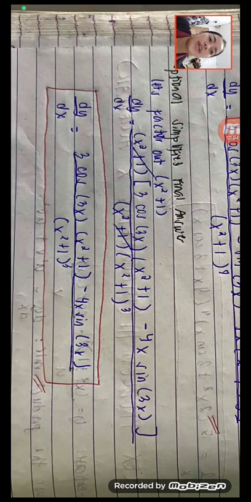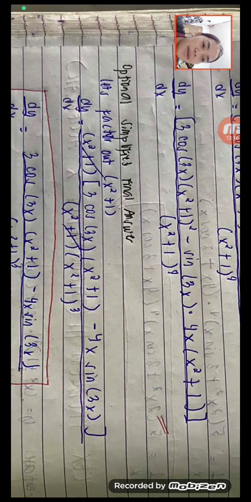Now, in factoring out x squared plus 1, you just need to put the x squared plus 1 outside of your bracket and copy the item. That's why we have here x squared plus 1 multiplied by the 3 cos 3x times x squared plus 1 minus 4x sine 3x over x squared plus 1 times x squared plus 1 raised to the power of 3.